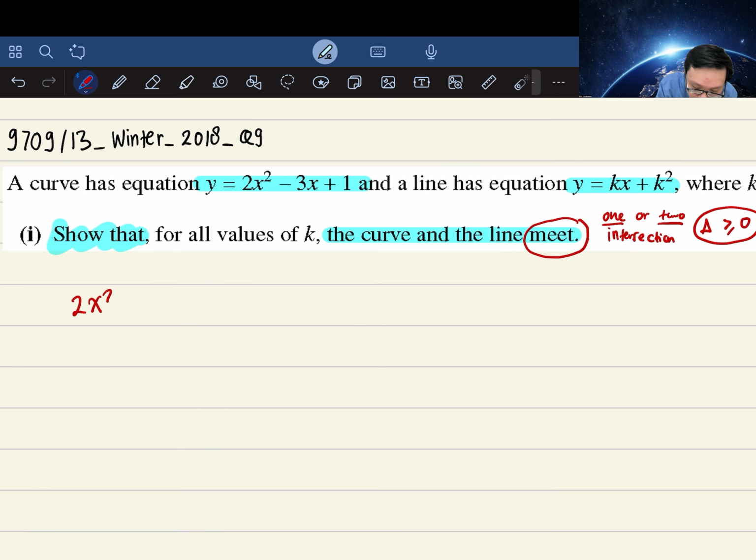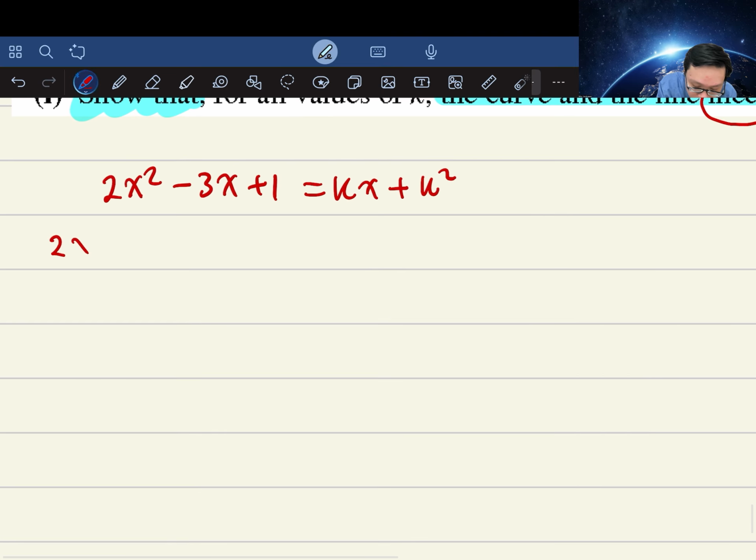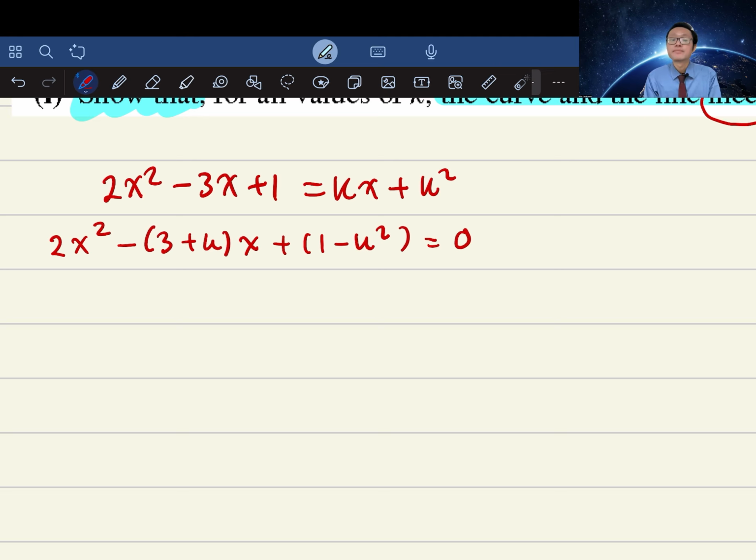It becomes 2x squared minus 3x plus 1 equals kx plus k squared. Once again, we can construct the intersection equation: 2x squared minus, in the bracket, 3 plus k, x, plus 1 minus k squared equals 0.